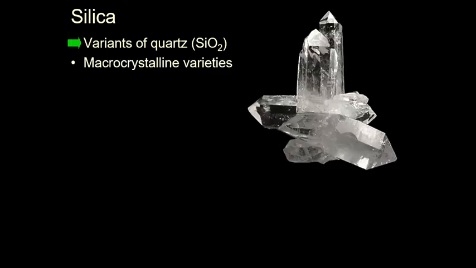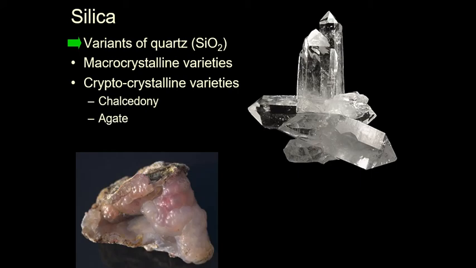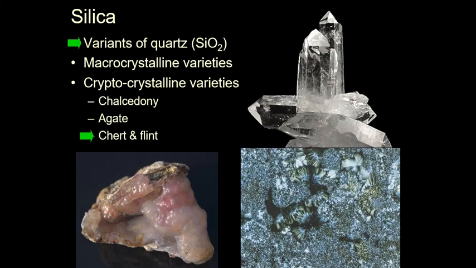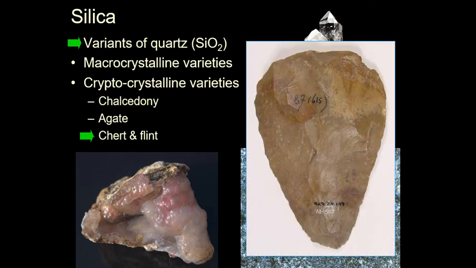There are macrocrystalline varieties, like quartz crystals, like this crystal quartz, and cryptocrystalline or microcrystalline varieties, like chalcedony and agate, and also chert and flint, which are very important, of course, for making things. So chert around the world is a very common material for making lithics with, because of its nature, which responds equally in all directions.